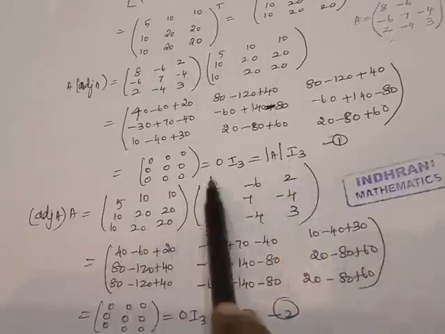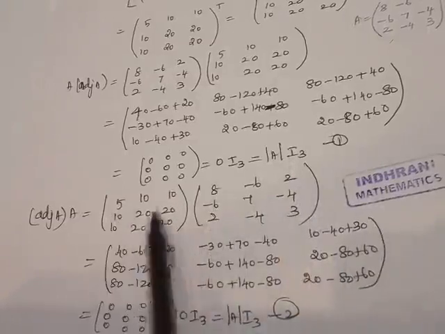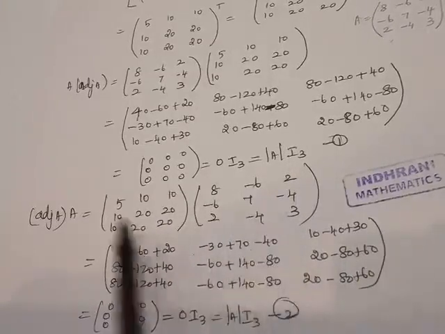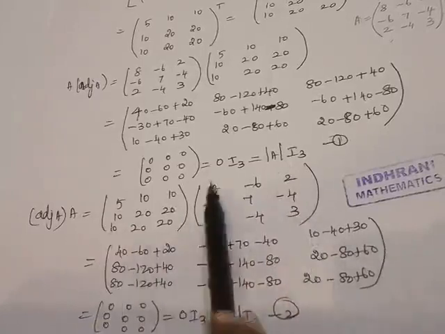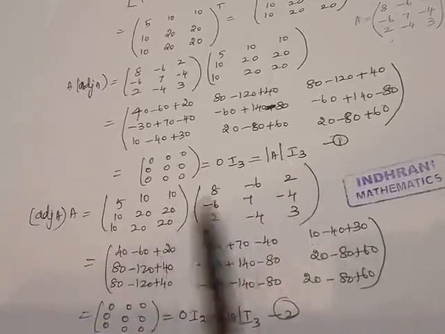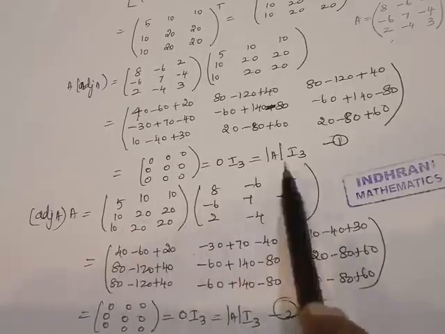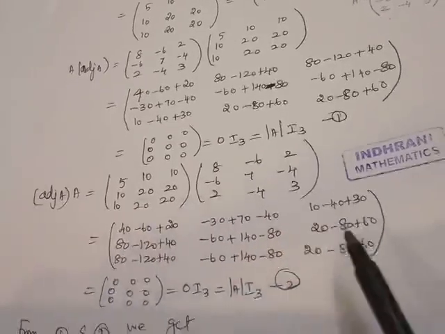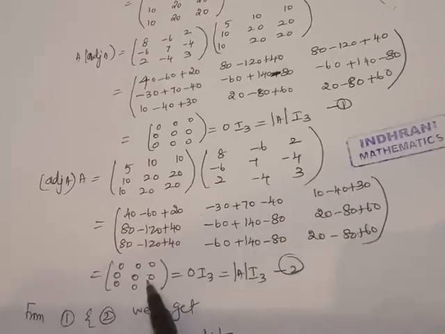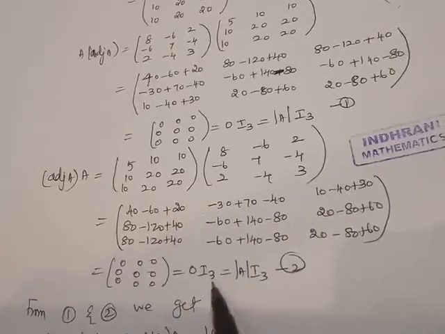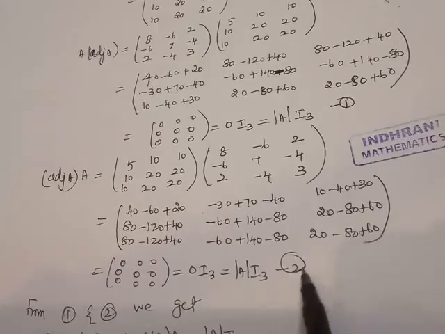Similarly, second row with each column, and third row with each column. Simplify this answer once again. You will get 0, 0, 0, 0, 0, 0, 0, 0, 0. That is a 0 matrix. This 0 matrix can be written as 0 into I3. Now 0 is nothing but the determinant A value. So we can write this as determinant A into I3. This is called equation number 2.